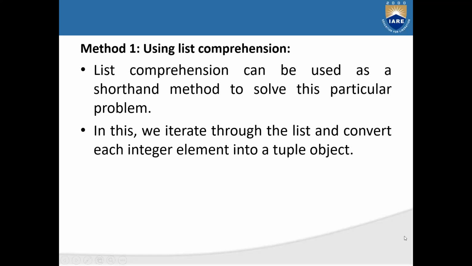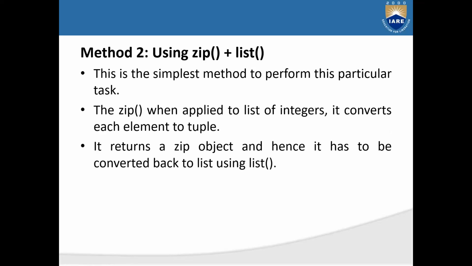So list comprehension, what we'll be doing is iterating through the whole list and converting each integer element into a tuple object. That is for using list comprehension. Next is using zip along with list. This is the simplest method which we can perform on this particular task.